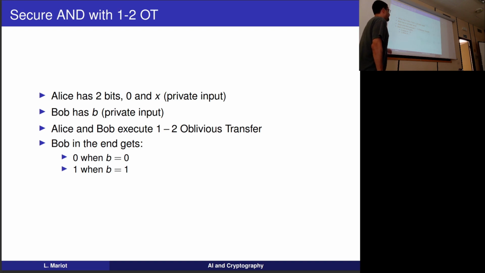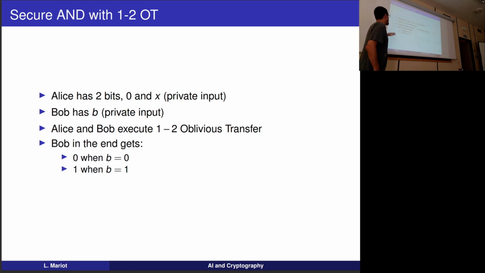In the end, after this execution, Bob will get 0 when his secret bit B is 0, and 1 when his secret bit is 1. So actually this is implementing the secure AND, with the initial properties that we saw in the slides with the cards, right?